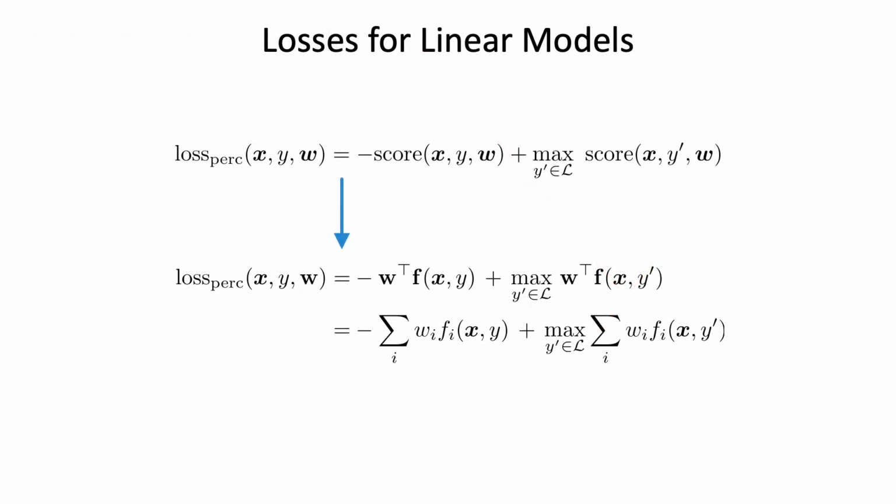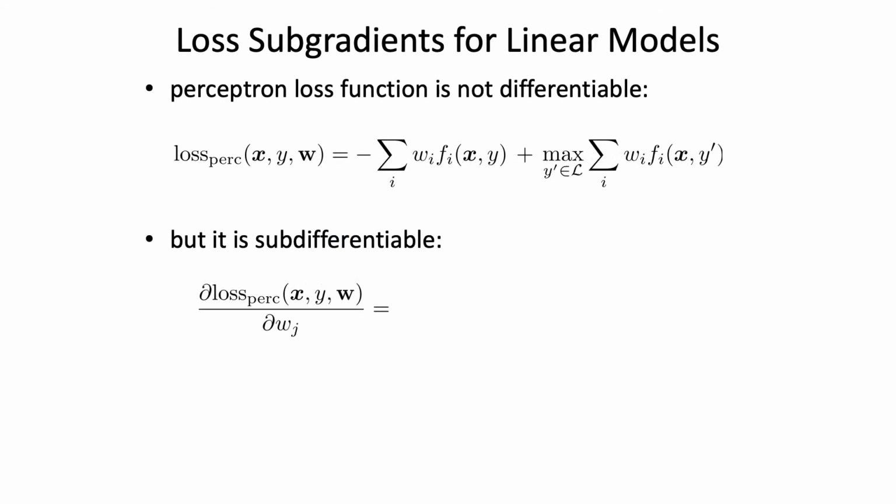Now let's work out the subgradients for our loss functions for linear models. First, let's write the perceptron loss using our linear model from earlier in the course. This loss is not differentiable due to the max, but it is subdifferentiable. Let's compute the partial derivative of the loss with respect to a single feature weight wj. The first term is differentiable, so we get negative fj for that term. The second term is not differentiable, so we have to compute a subderivative for it.